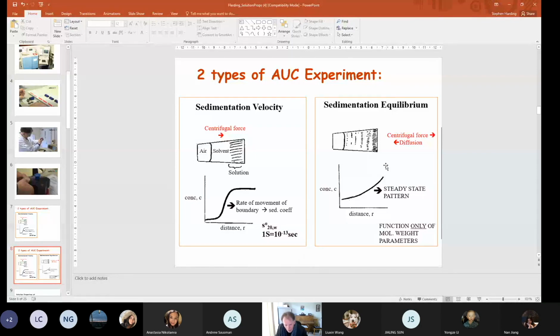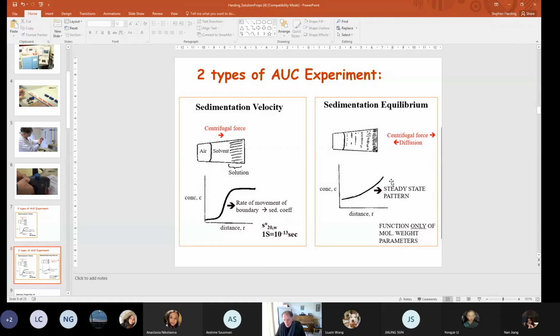You end up not with a boundary moving towards the bottom of the cell, but with a steady state pattern of low concentration at the solvent meniscus, gradually building up to a higher concentration at the base. When these forces balance, at equilibrium, this pattern stays the same.